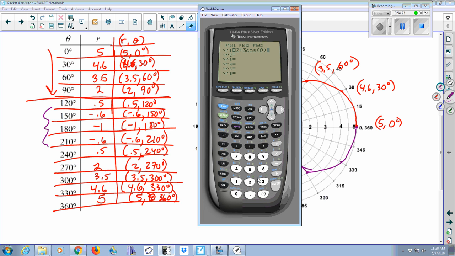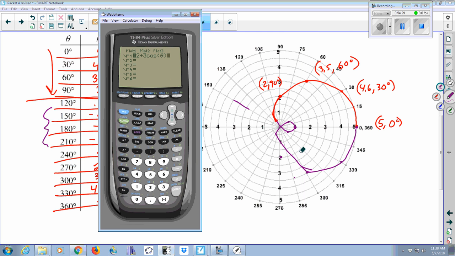And now you've got to deal with your window. On this particular graph, if this was a Cartesian axis, we'd go from -5 to 5 for X, -5 to 5 for Y. So let's see what our window is. Theta min goes from 0 to 360. For steps, I'm just going to put 5.